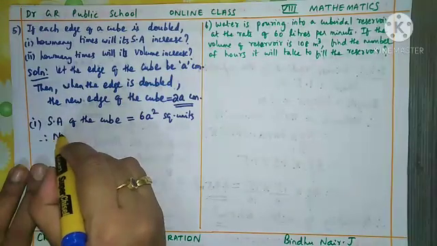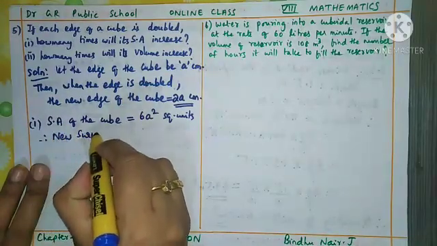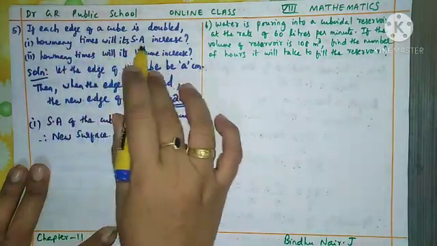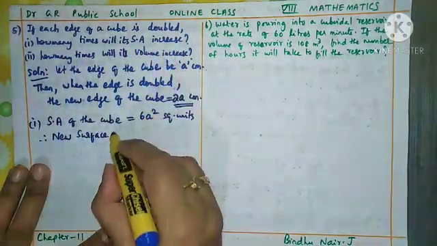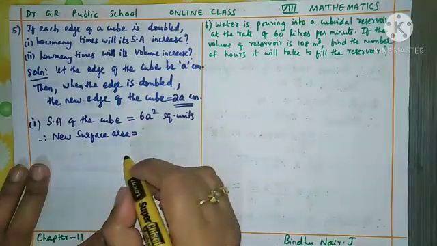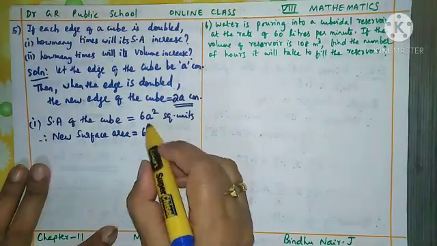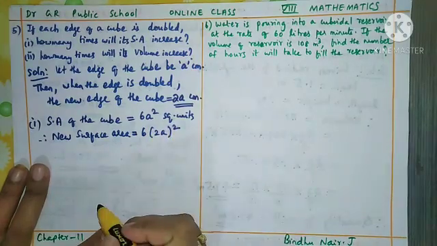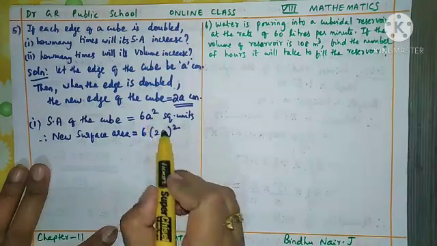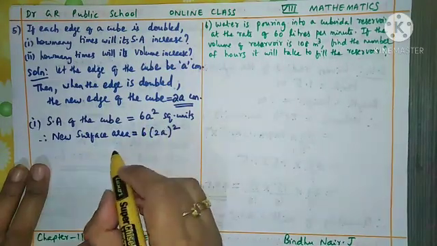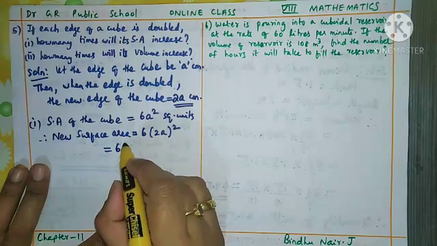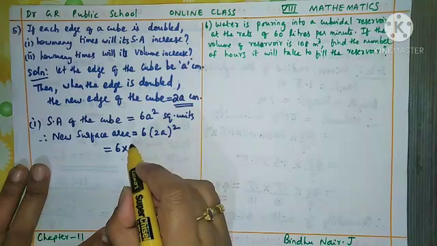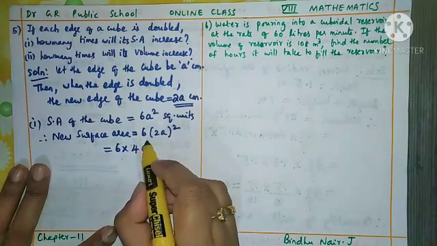So the new surface area is equal to 6 into 2A the whole square. So that is equal to 6 into, what is 2A the whole square? 2 square, A square. 2 square is 4 and A square.